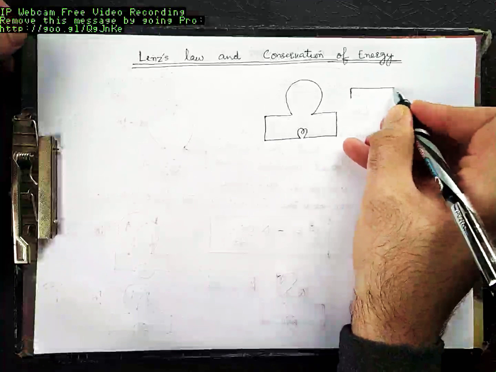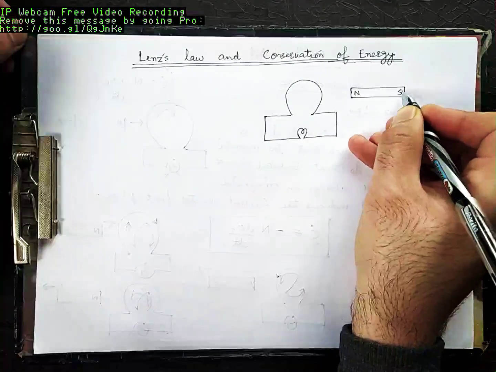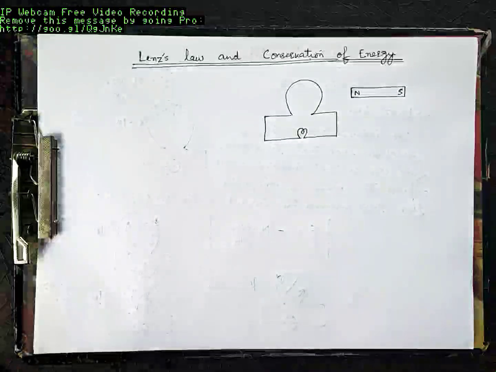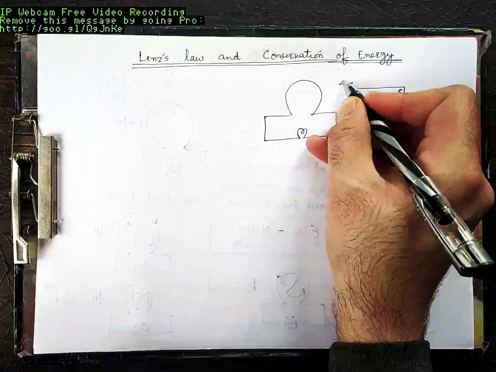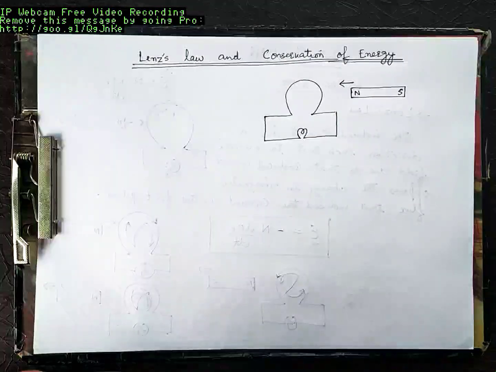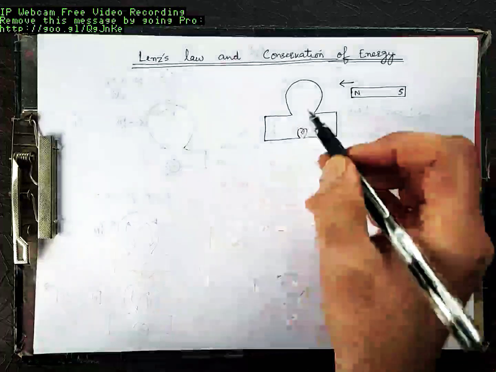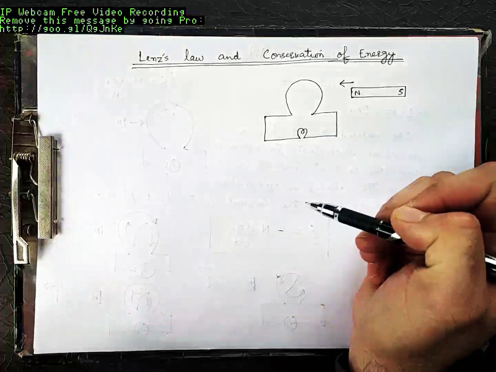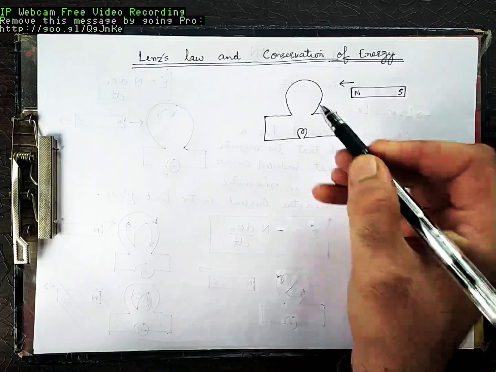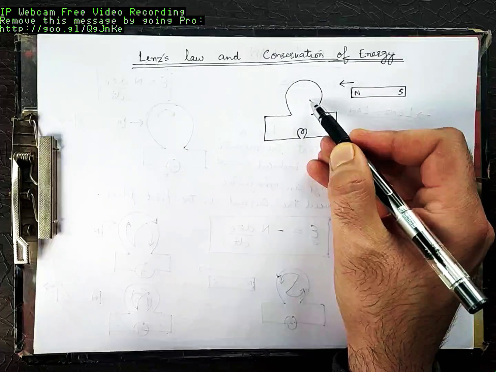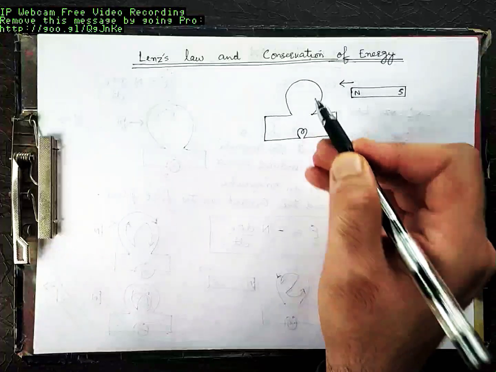Say this is the north pole of a magnet and this is the south pole. Let us push this north pole towards the coil. When we push this north pole towards the coil, the flux through the coil is increasing. Now, as per Lenz's law, a voltage will be induced in this coil which will produce a current that will oppose the advance of the north pole towards the coil.